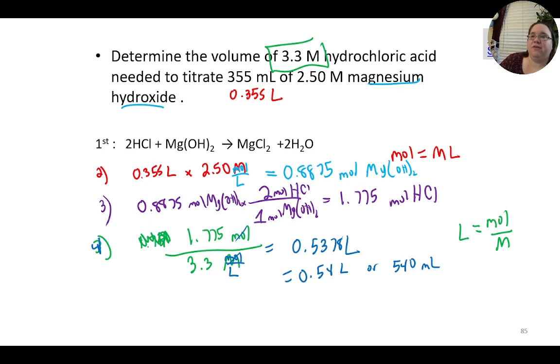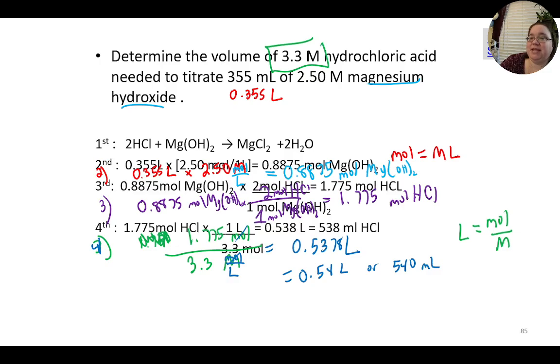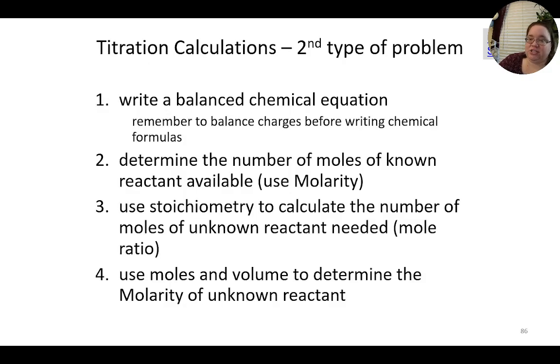So that's 2 examples of our first type of problem. You are trying to find volume. The second type of problem is one in which you are trying to find molarity. You will notice the first 3 steps are the same. Whether I'm trying to find volume or I'm trying to find molarity, the first part's going to be the same. So the only thing that changes is at the end, we're going to use the moles and the volume to find molarity.